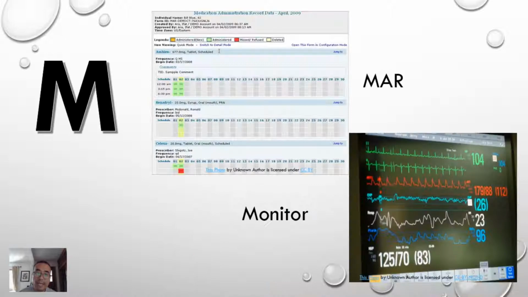Which brings us to M. Now M, you're going to check the MAR. Now this could be done concurrently with the Kardex, but some places have the Kardex separate from the MAR, because nowadays a lot of places have the MAR in their computer system. When you check on the MAR, you want to make sure again that the order that is written matches the MAR that was transcribed by pharmacy, or if you're still in a unit where the nurses transcribe, that it's done through a double check.